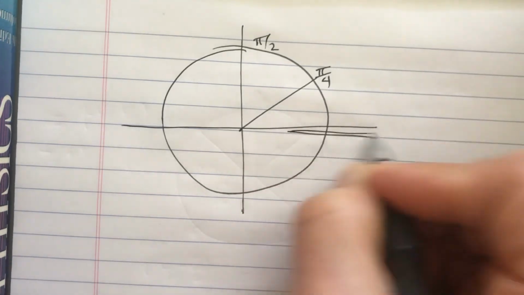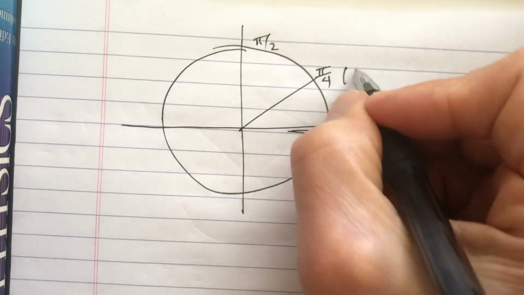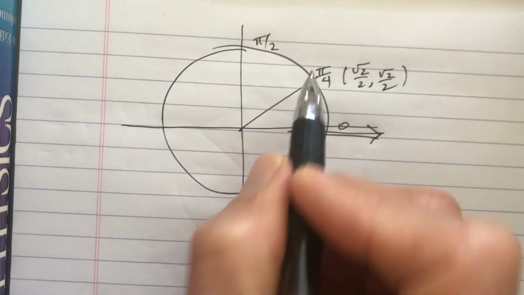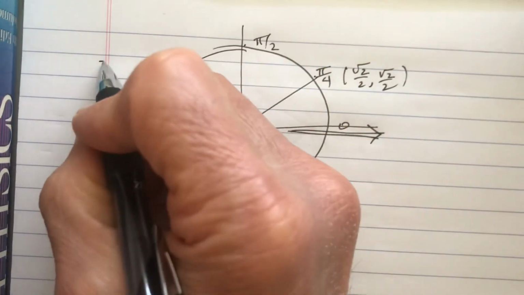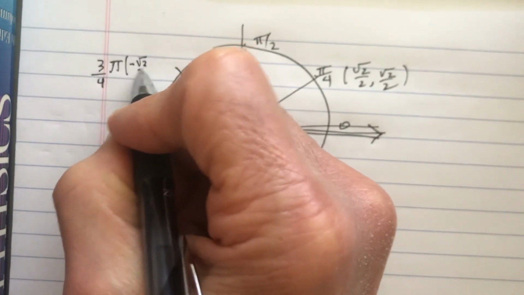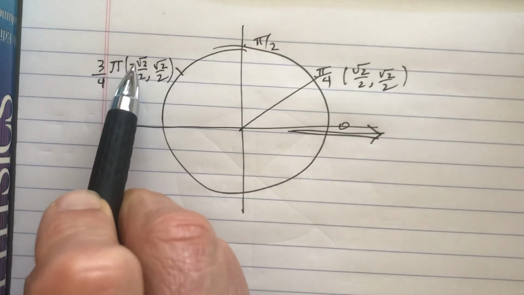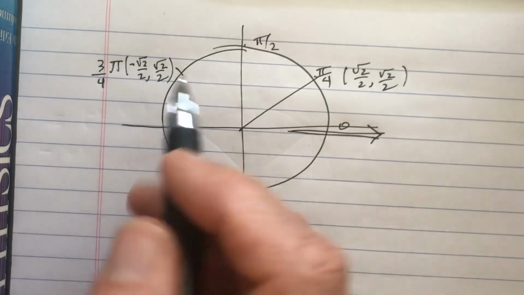So that gives us rad 2 over 2, rad 2 over 2. Then you start adding fractions: 1/4, 2/4, 3/4. As we saw before, it also has rad 2 over 2, rad 2 over 2, but we adjust negative for the x coordinate because it's in quadrant 2, positive for the y coordinate.